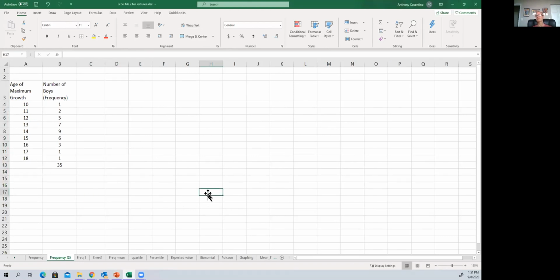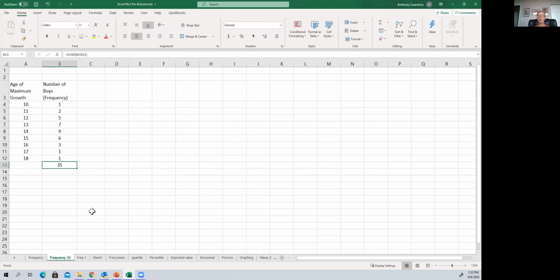So here is the data set that was just retyped in. And here is the frequency. There were 35 total data points. So how do you calculate the mean? Let's do that one first. To calculate the mean, the first thing we want to do is add up all the numbers.